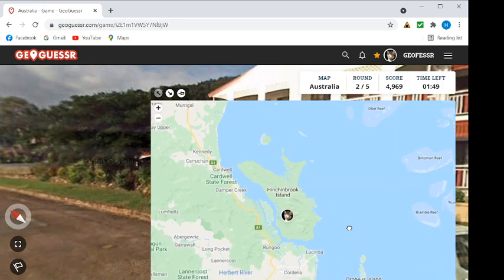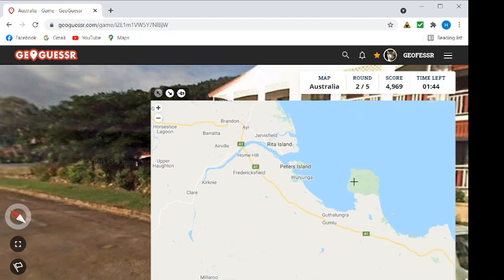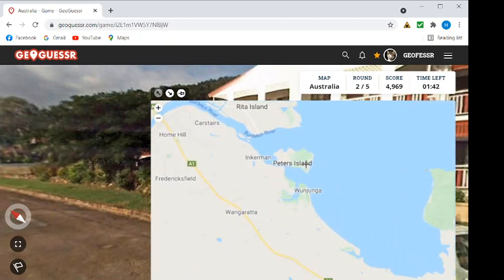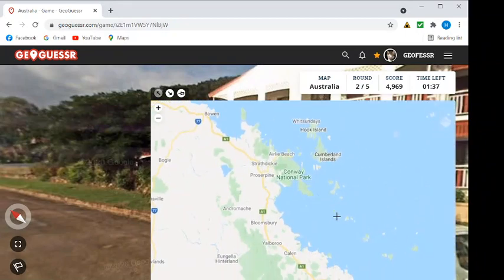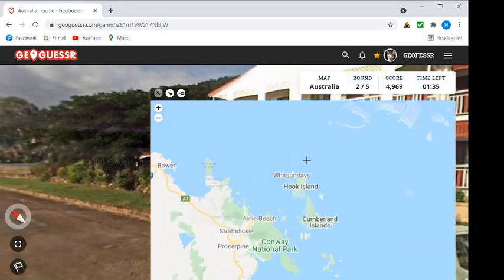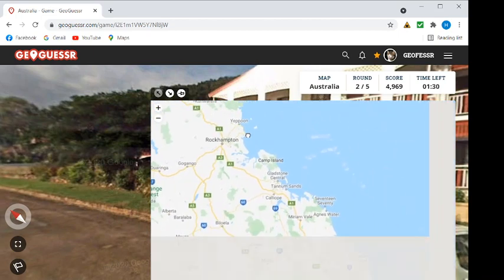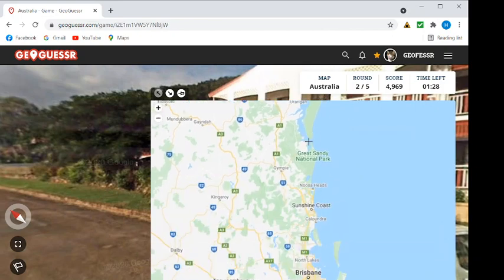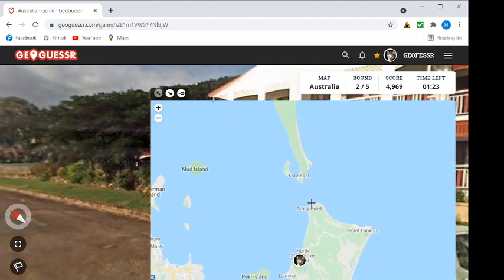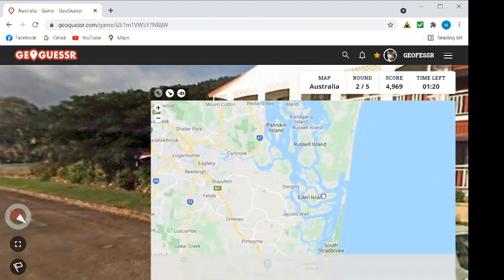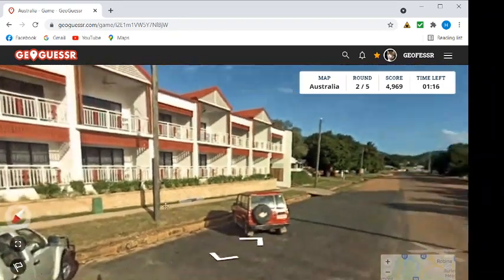Look, that one doesn't look particularly populated. Yeah, we could be close to Brisbane. Yeah, I like that. For now.